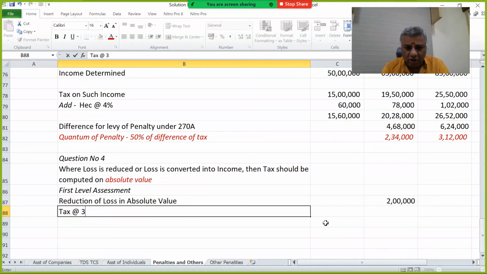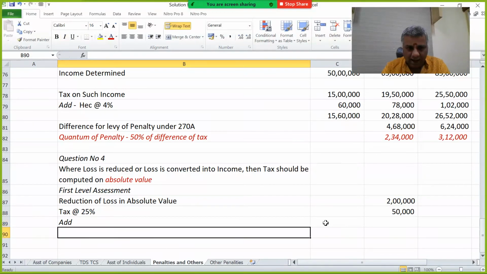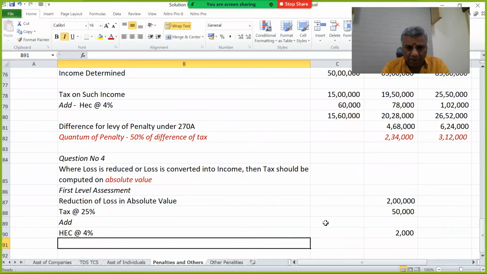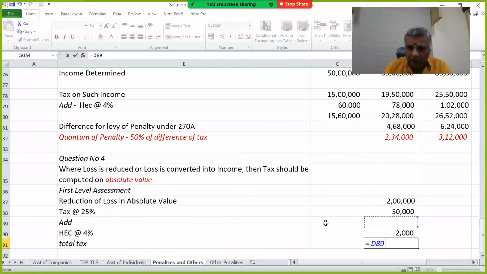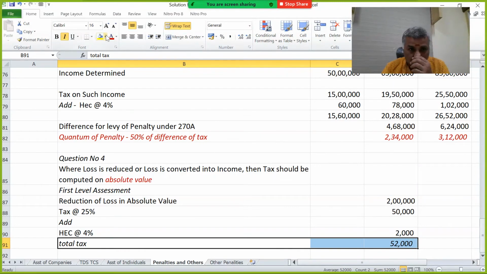Tax at the rate of 25%. 2 lakhs into 25% and HEC at the rate of 4%. Total tax 52,000.